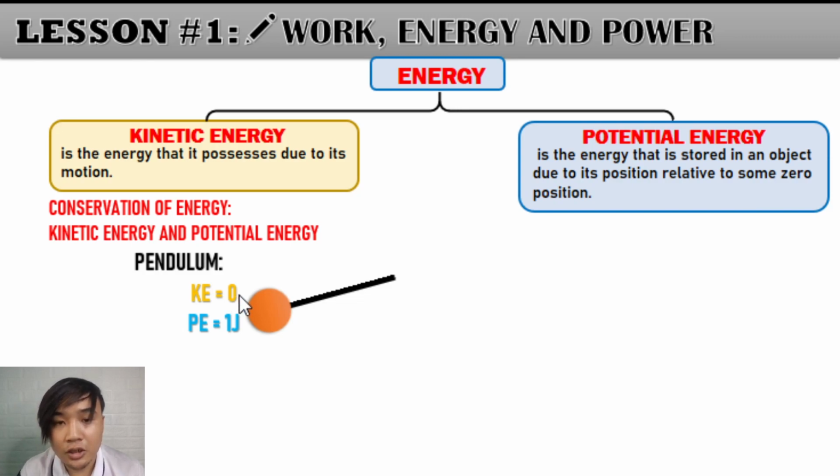Then, yung kinetic energy dito sa position na to is 0. Then, yung magkakos sa kanya para bumaba is potential energy o gravitational. Let's say, meron tayong 1 joule. Example na value ng P.